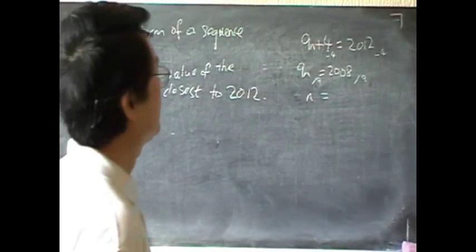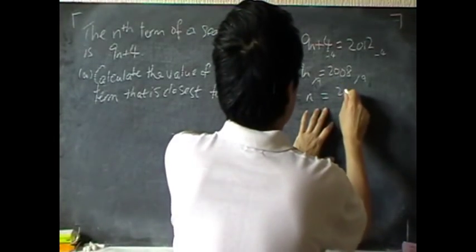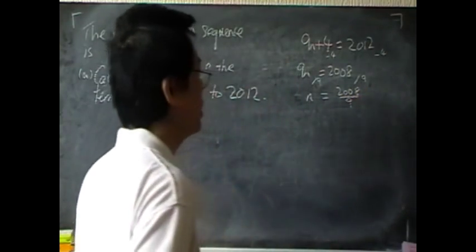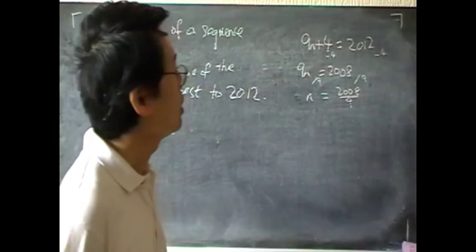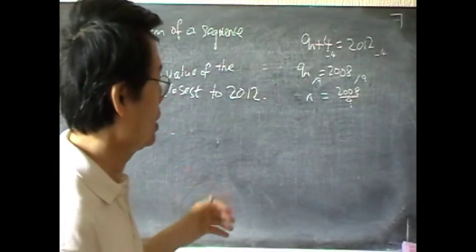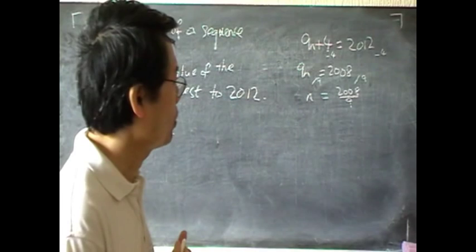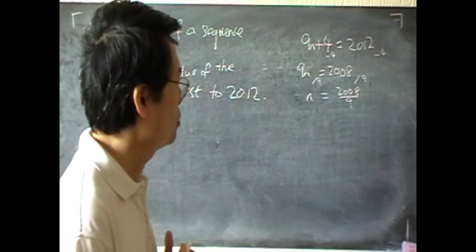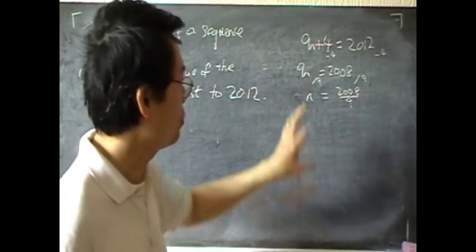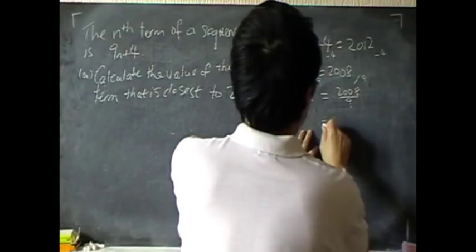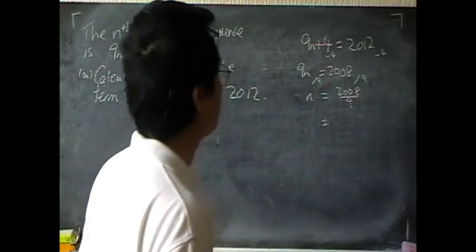So this gives us 2008 over 9. We now need to turn this into either a decimal or a mixed number, a fraction with a whole number and a fraction next to it. Let's try that.